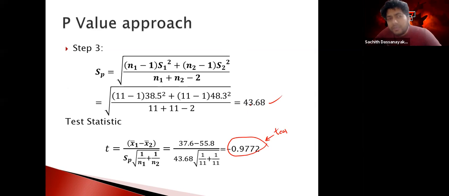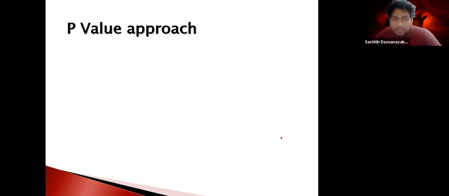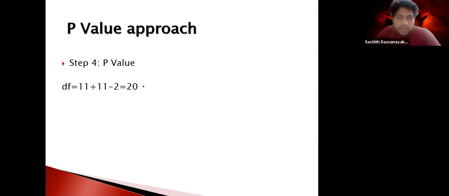Since we are using the p-value approach, you have to figure out the probability based on this tcal value. You can find the degree of freedom, and now you have to find alpha or probability value based on this.